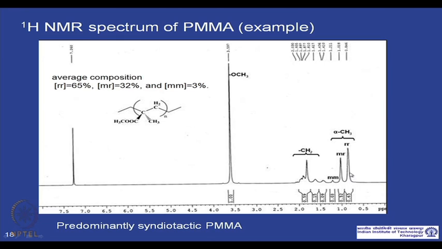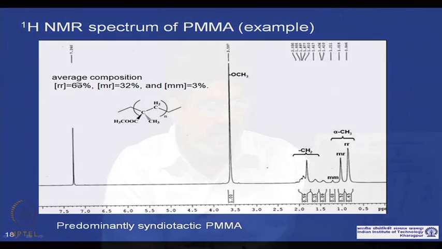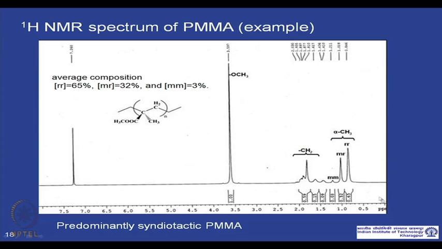So, if you compare the area under this curve, which is nothing but the intensity of those signals, it comes to approximately 65%, and this is 32% and this is 3%, which shows that this synthesized PMMA is predominantly a syndiotactic PMMA. If you have these MM groups maximum, then you would have the isotactic PMMA maximum.